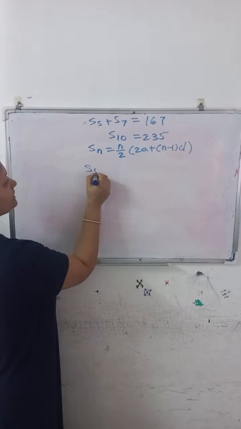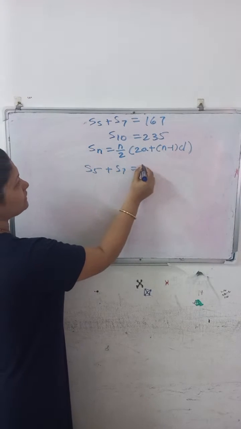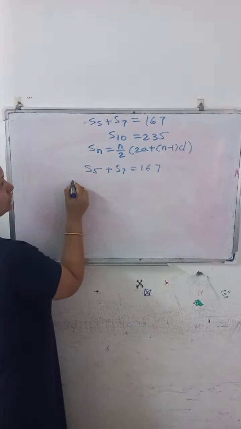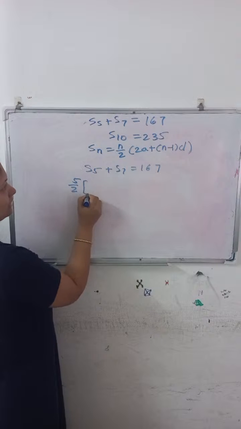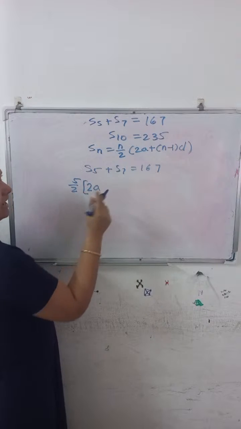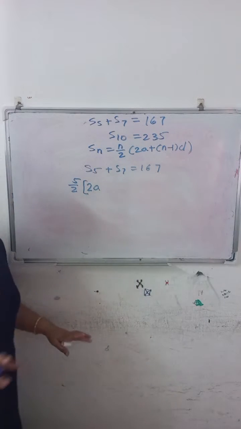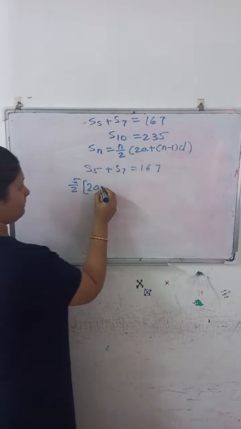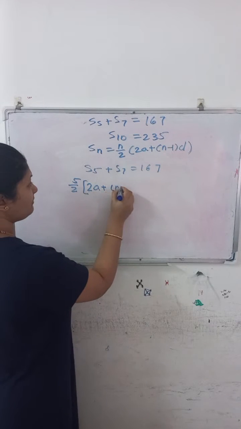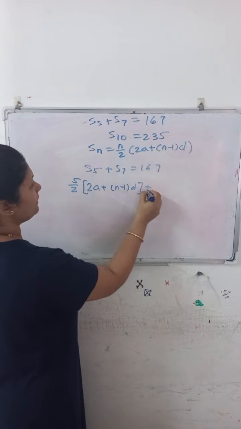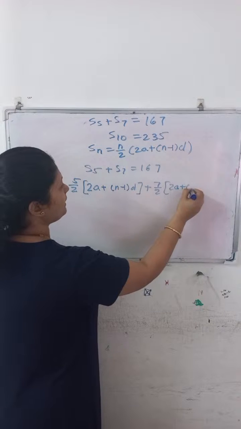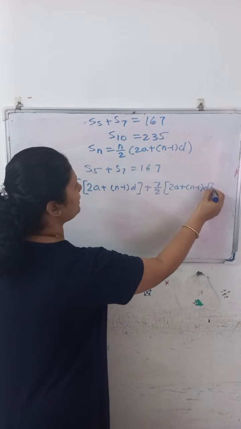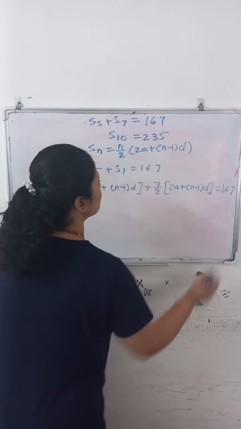So S5 plus S7 is equal to 167. So I will put the values over here, 5 by 2 into 2a plus n minus 1 into d, I don't know anything about a and d, plus for S7, 7 by 2 into 2a plus n minus 1 into d is equal to 167.